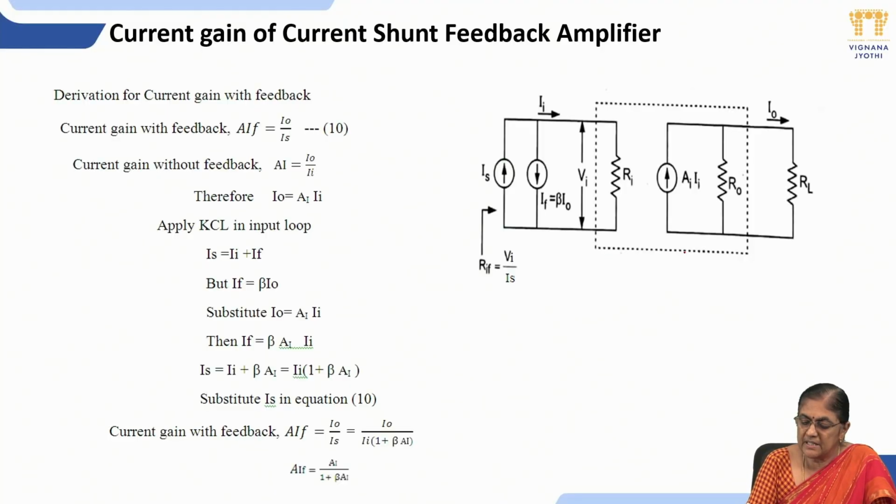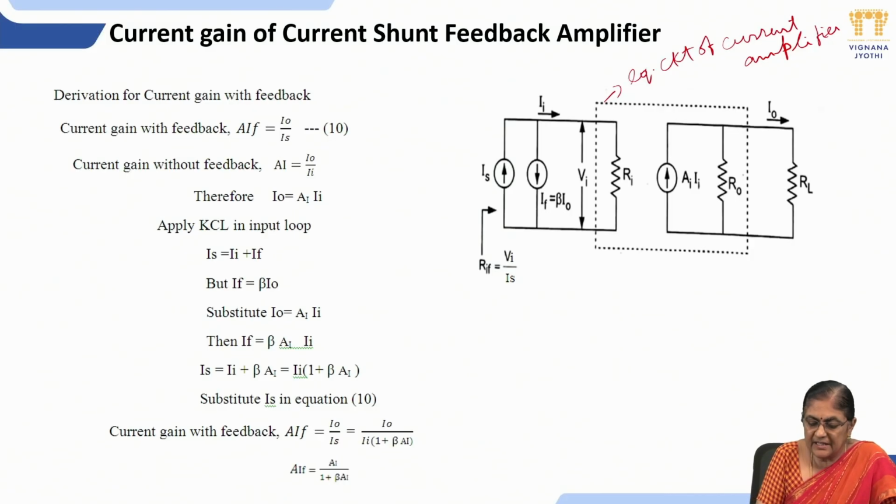The circuit represented in dotted lines is the equivalent circuit of current amplifier. The gain of the current amplifier without feedback, you can represent it with AI. AI is equal to the ratio of output current to input current, that is I0 to II.